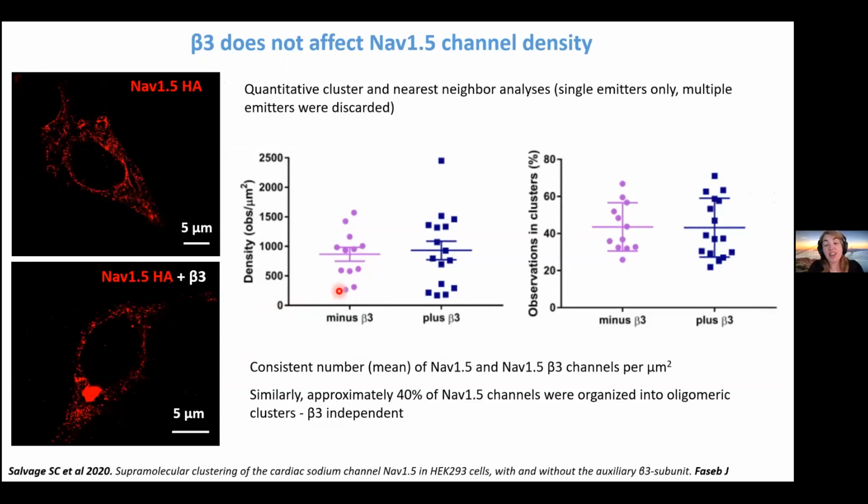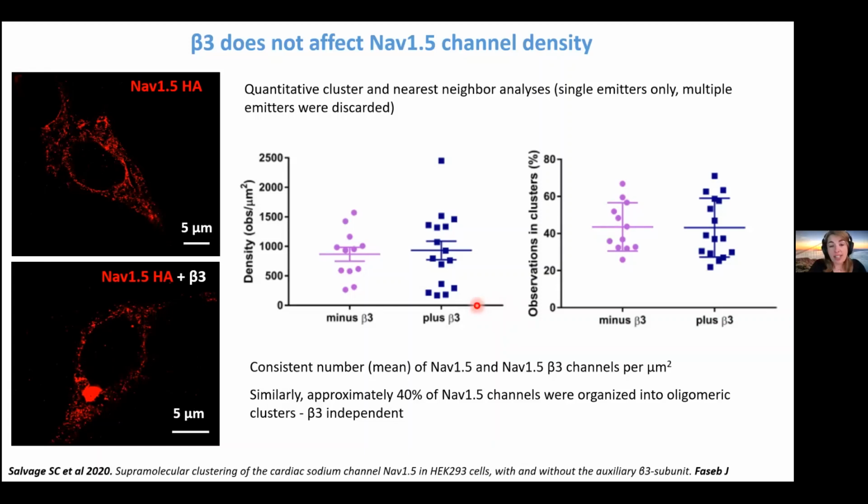What we found, in contrast to the proximity ligation assay experiments, is actually that the density of sodium channels at the membrane and the observations in clusters was largely the same. So this tells us that NaV1.5 is able to form these higher order clusters, even without beta-3.